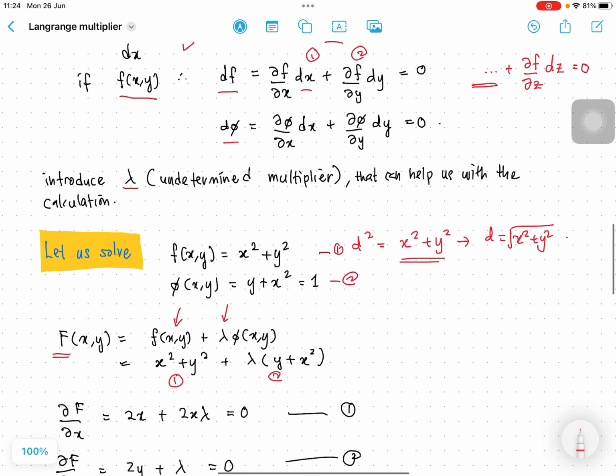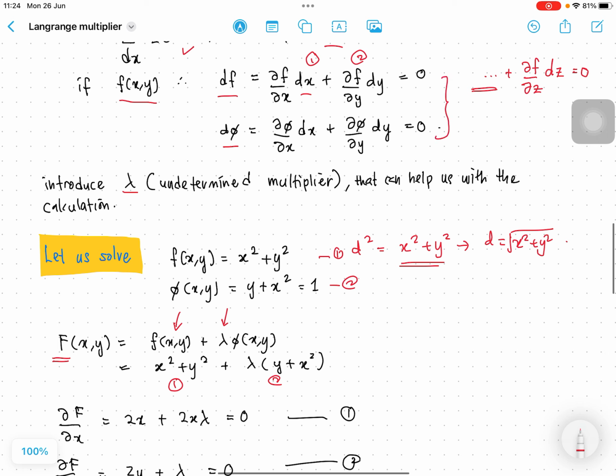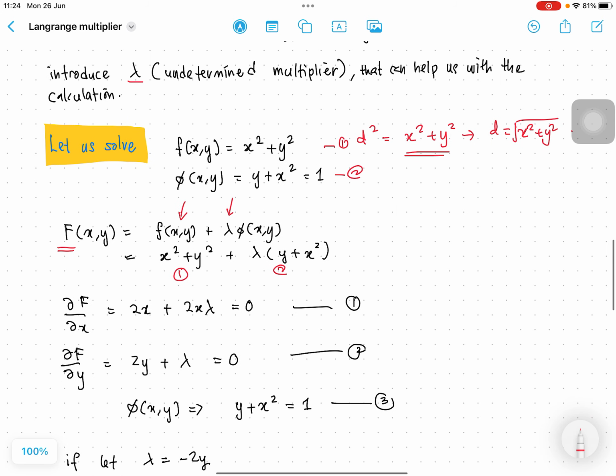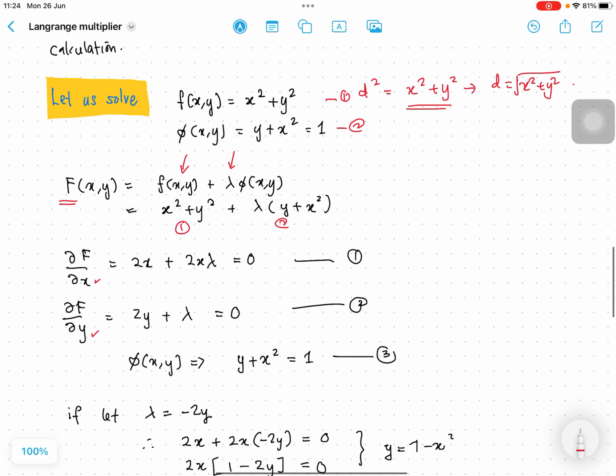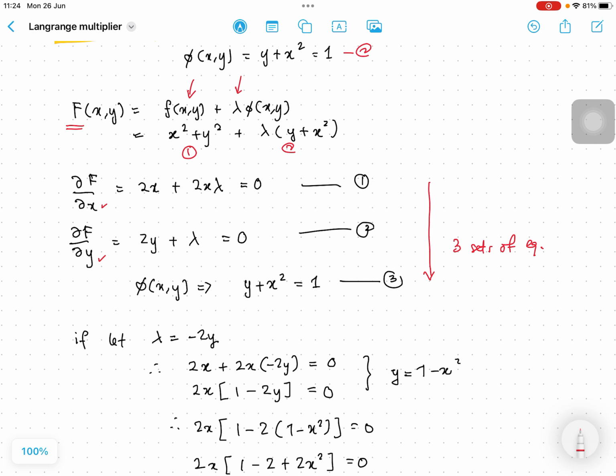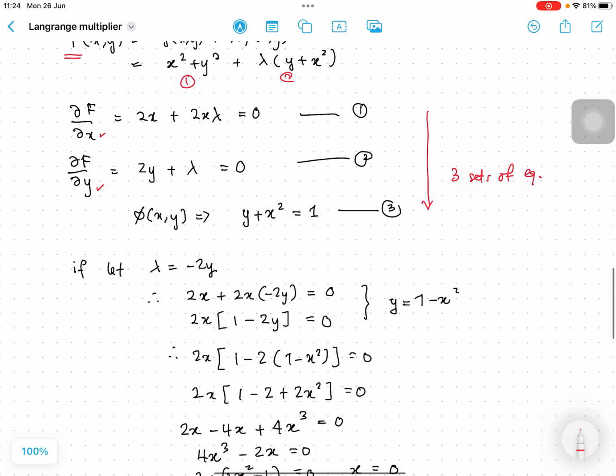You substitute in this formula, and I put this equation star. You do the first partial derivatives with respect to x and with respect to y: 2x plus lambda equals 0, 2y plus lambda equals 0. And then you include the constraint function. So you have these three sets of equations.